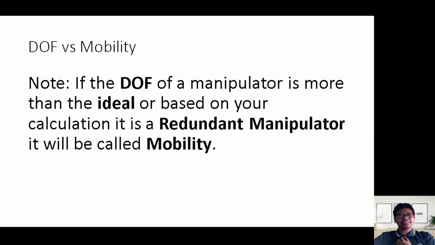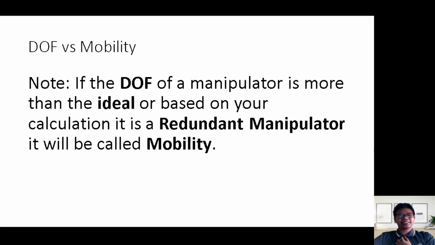For instance, if a spatial manipulator has degrees of freedom matching its ideal configuration, it's fully controllable and possesses no mobility beyond what's required. However, if the same spatial manipulator has more than 6 degrees of freedom, becoming a redundant manipulator, it gains mobility.